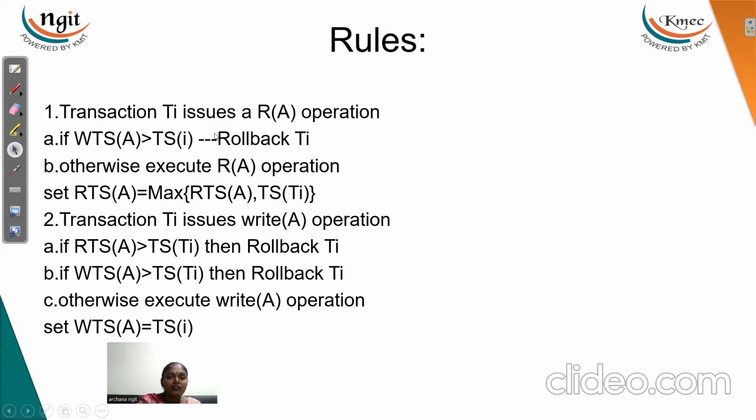Okay, so whenever you are performing read operation, we need to follow A and B options. When we are performing write operation, we need to follow these A, B, C options.